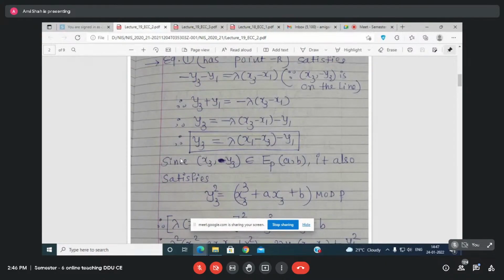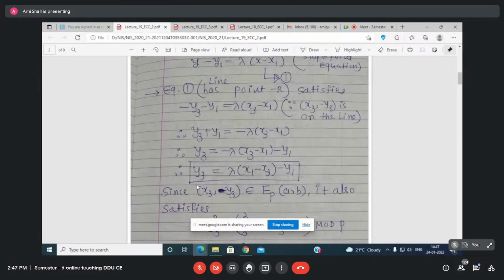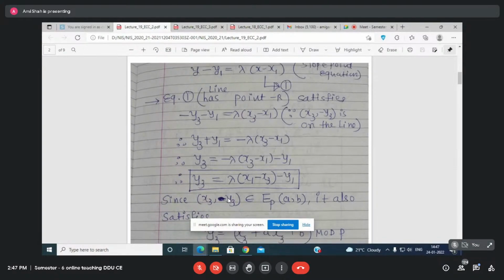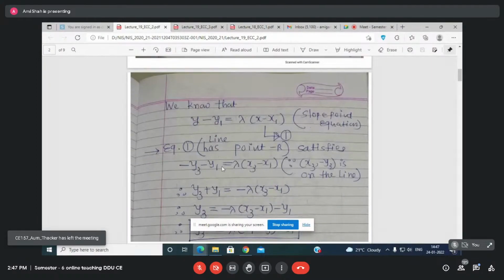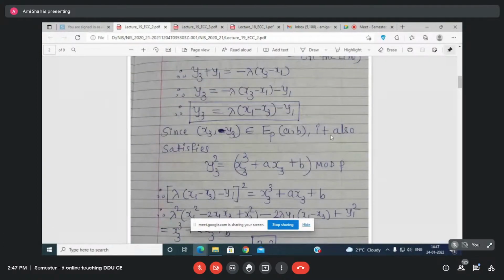Since x3 y3 belongs to this curve, here I'm getting this equation. This point x3 y3 is also on the curve, so all of you know the curve equation: y square equals x cube plus ax plus b.